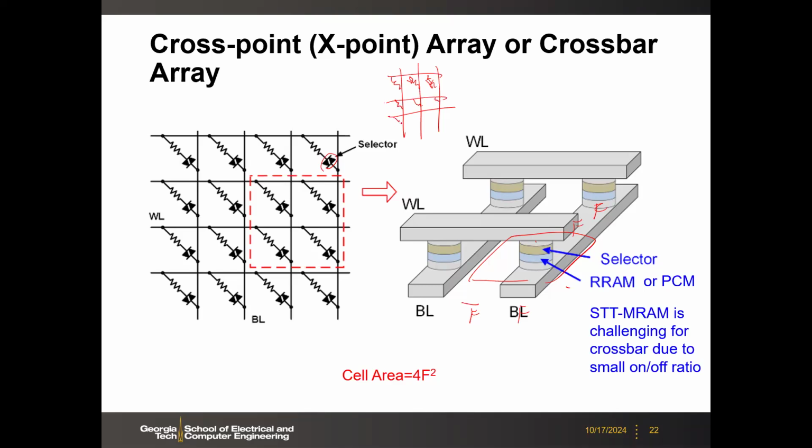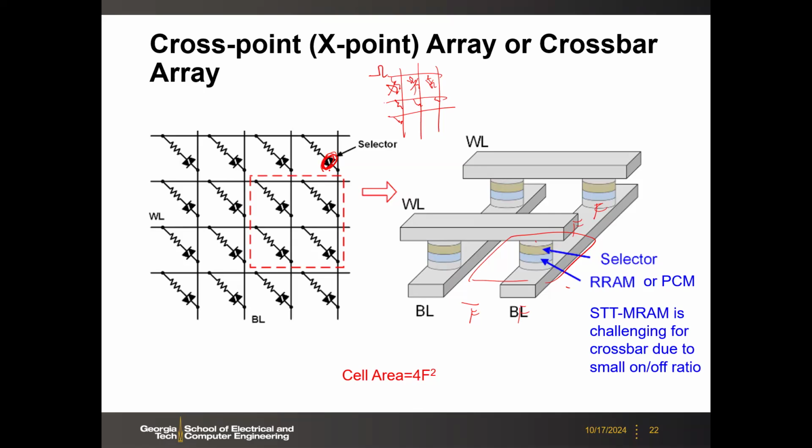If you only have the resistor, when you apply voltage, then current will flow everywhere. It's a resistor network. If you do not cut off the current for the unselected cells, then the current will flow everywhere in the network. That will be a mess. That's why you need something to cut off the current. So in the cross-point array, you have to introduce this selector device. It's like a diode or bidirectional diode to rectify the current.